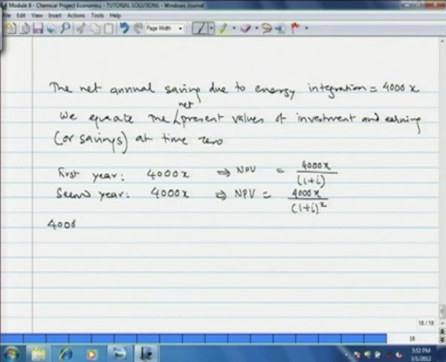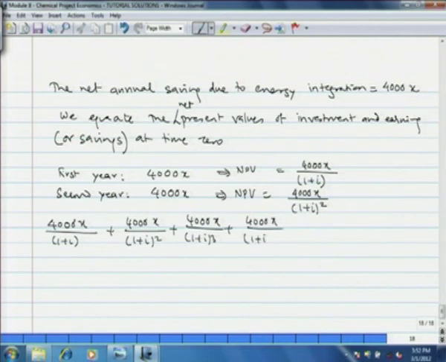In this way, we can sum up. So, 4000x divided by 1 plus I, plus 4000x divided by 1 plus I square, plus 4000x divided by 1 plus I cube, plus 4000x divided by 1 plus I raised to 4, plus 4000x divided by 1 plus I to the power 5, is equal to rupees 5 lakh investment.